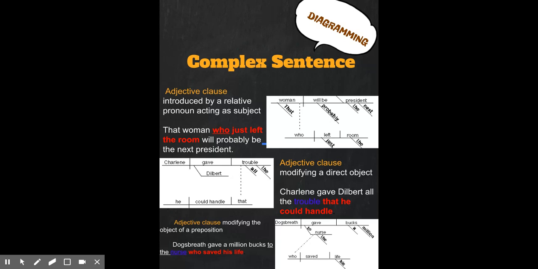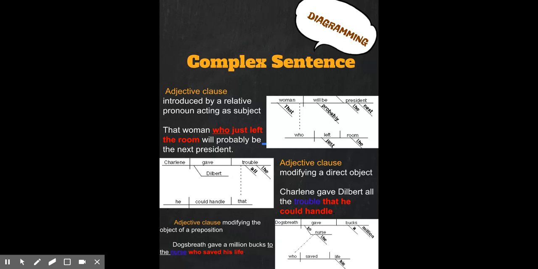Now, who just left the room is a noun clause. Who is the subject, and it's also the subordinate conjunction. But when it's doing dual purpose, you want to put it in the subject. Left is the action, and room is the direct object.